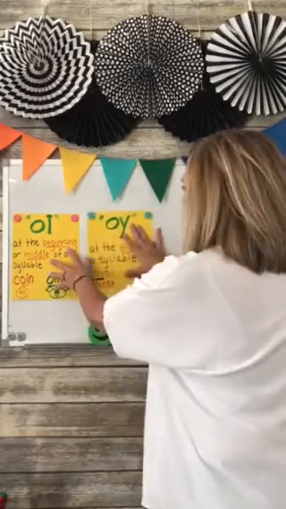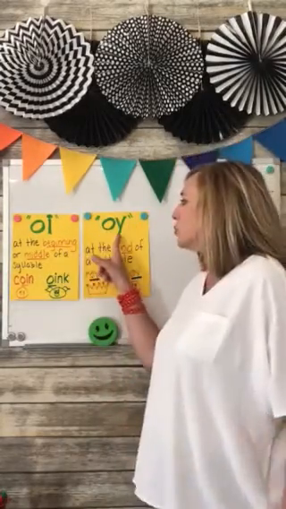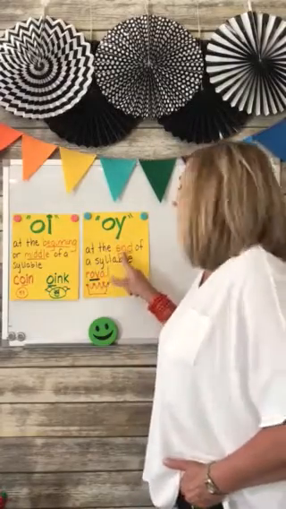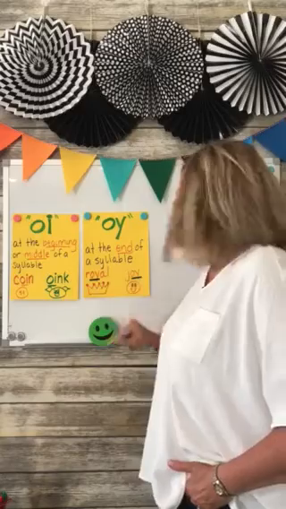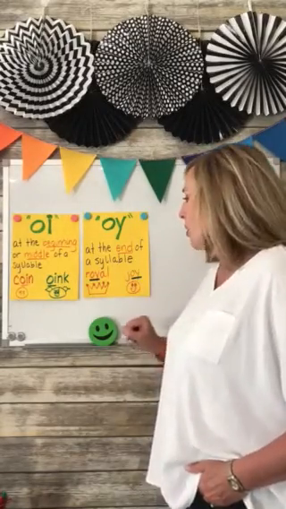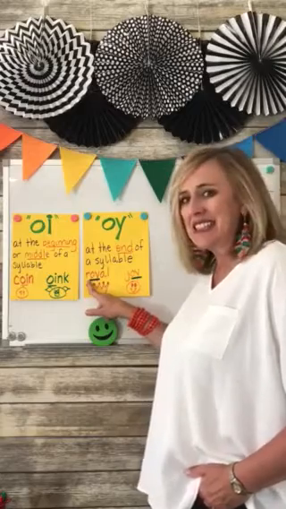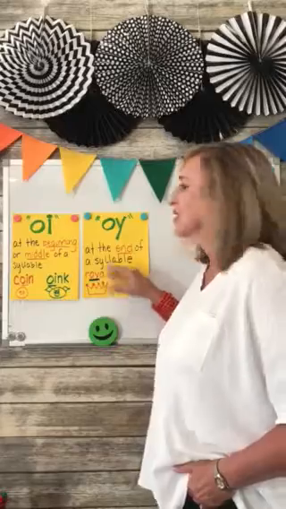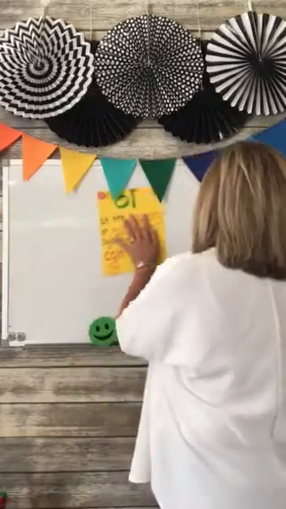The other vowel team we have worked with is OY. We use OY to spell OI at the end of a syllable, like we hear in the one syllable word joy, or like we hear at the end of the first syllable in the word royal. All right, let's get started.